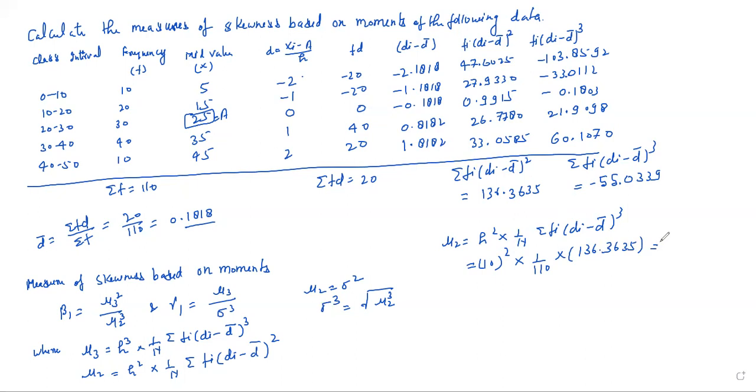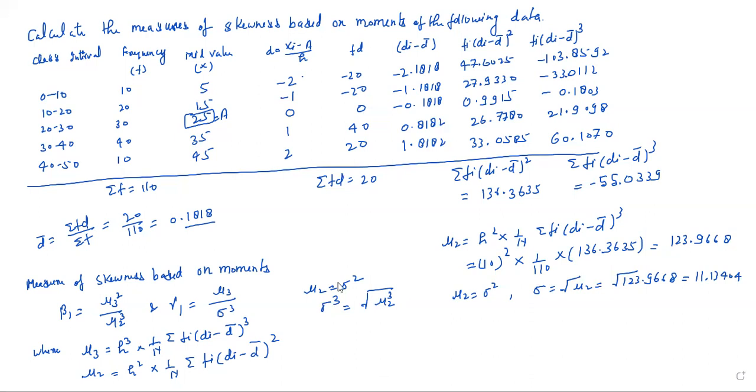After solving this, we get 123.9668. So mu 2 is equal to sigma square. So sigma is equal to under root mu 2, under root 123.9668, and this is equal to 11.13404.